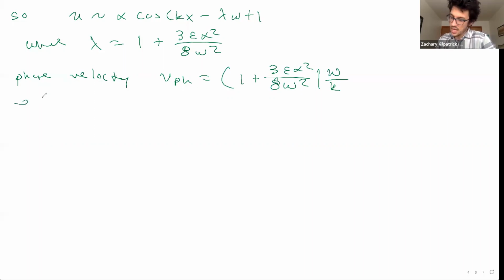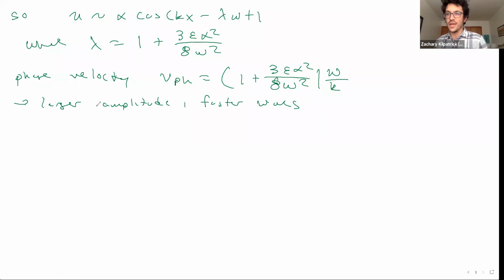And this tells me that for larger amplitudes, you get faster waves. Unlike in linear wave problems, the nonlinear term in this Klein-Gordon equation makes it so that larger amplitude waves move faster.